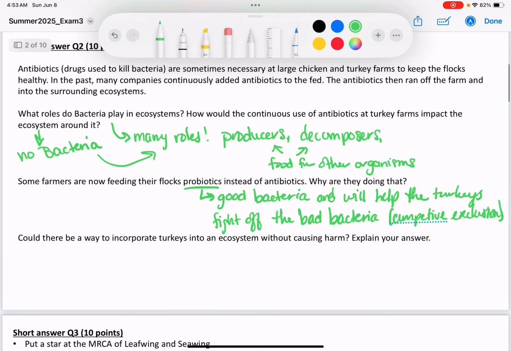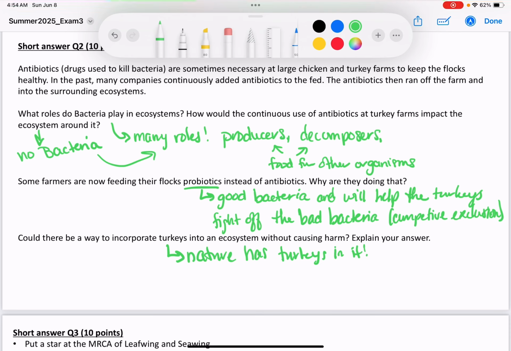Okay, could there be a way to incorporate turkeys into an ecosystem without causing harm? So into natural ecosystems. You guys could go lots of directions with this. So there are turkeys in nature, right? Nature does have turkeys in it. You can go and see wild turkeys sometimes out in the woodlands, especially.